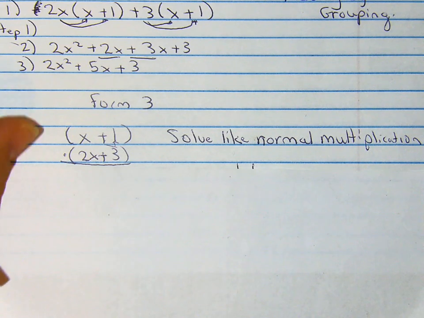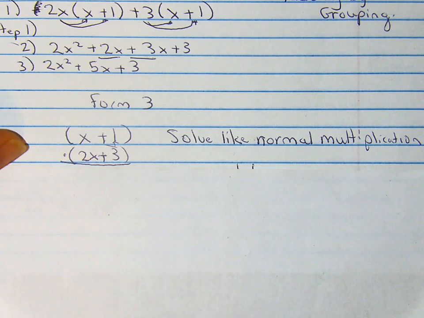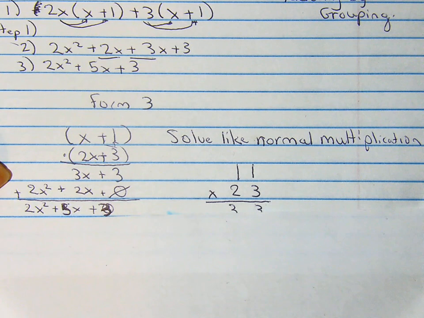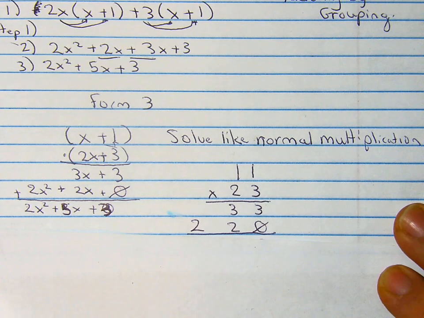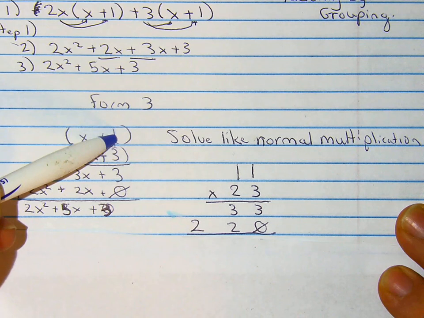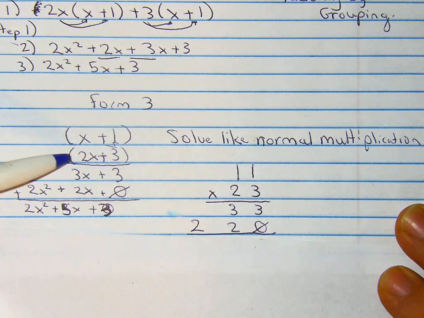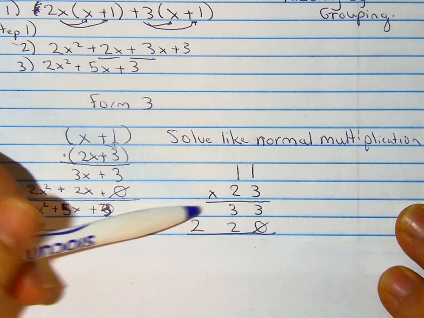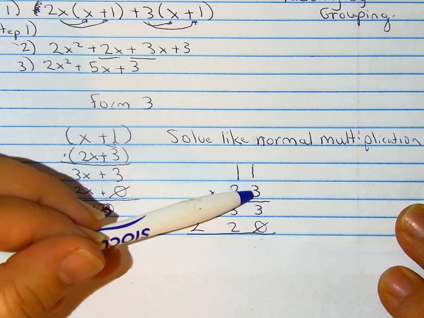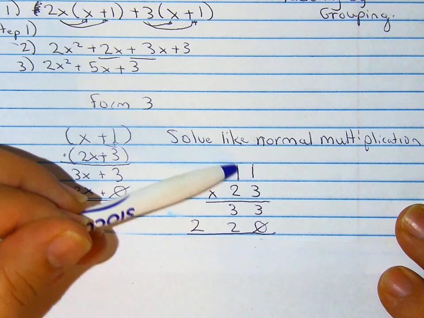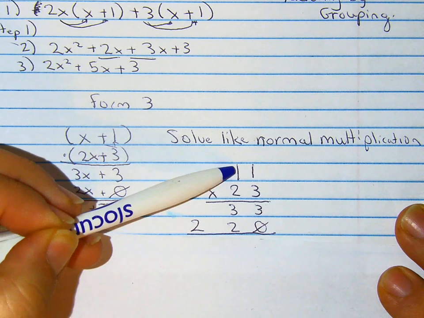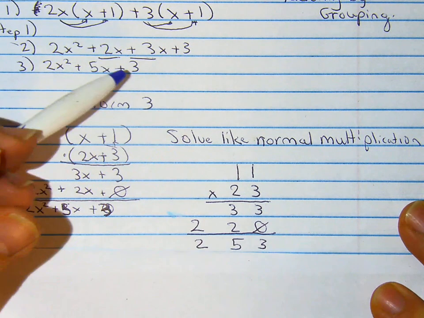So basically you stack them and then you solve them like normal multiplication. So what you'll see over here is kind of like if I had 1, 1, so this is kind of like my 10s and my 1s, so that gives me 11. 2 10s and 3 gives me 23. So just like if this was the number, I'd do 3 times 1, 3 times 1. I'd have my placeholder, 2 times 1, 2 times 1, and then add and combine.